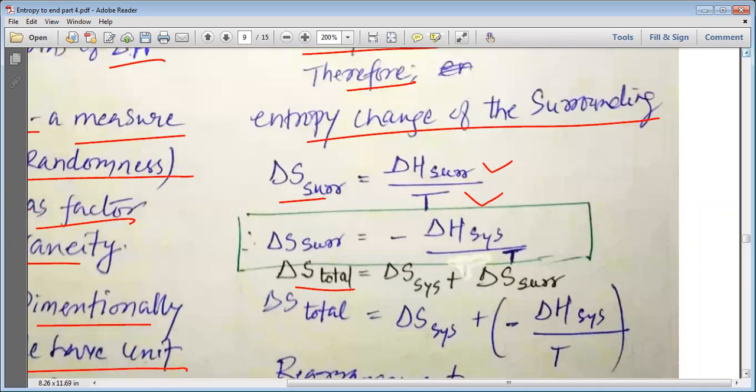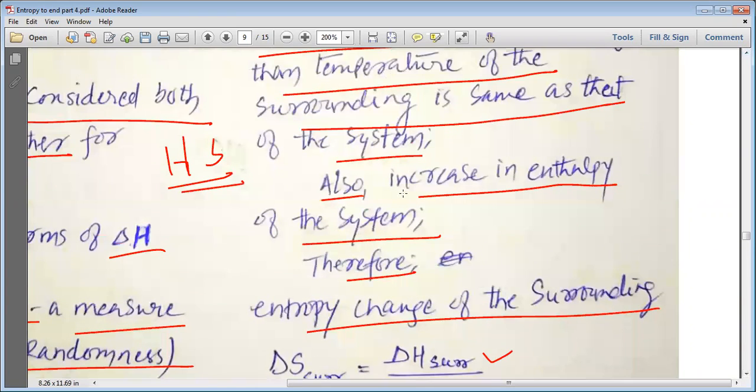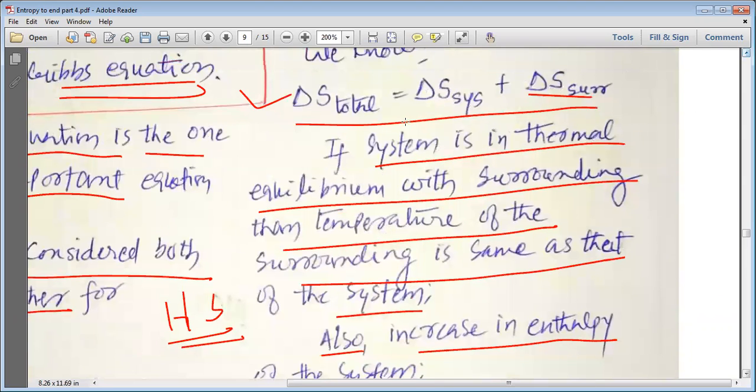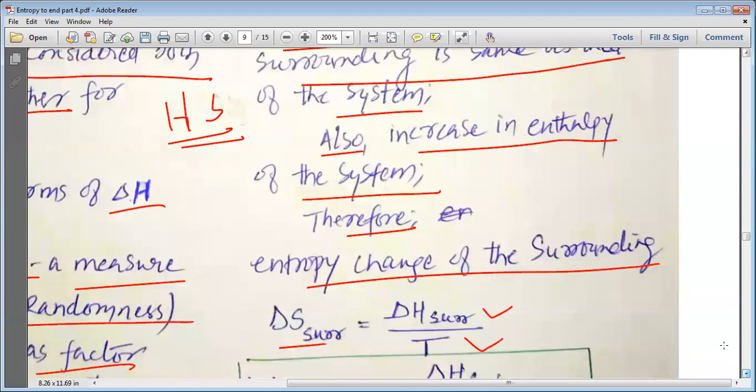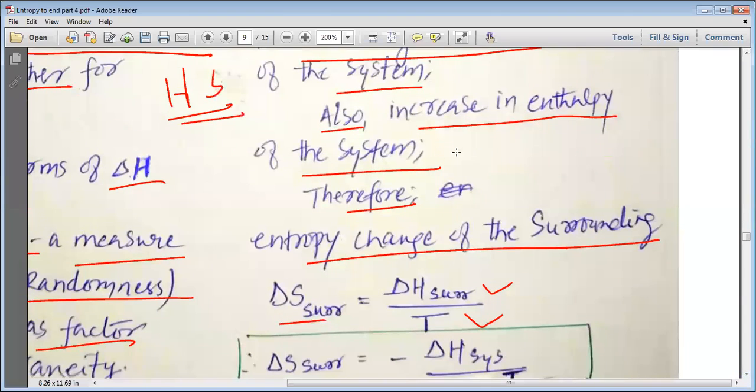Now let me explain this once again to you, my dear students. Suppose we have delta S total is equal to delta S system plus delta S surrounding. If the system is in thermal equilibrium with the surrounding, then the temperature of the surrounding is the same as that of the system. Now what happens if enthalpy increases for the system?